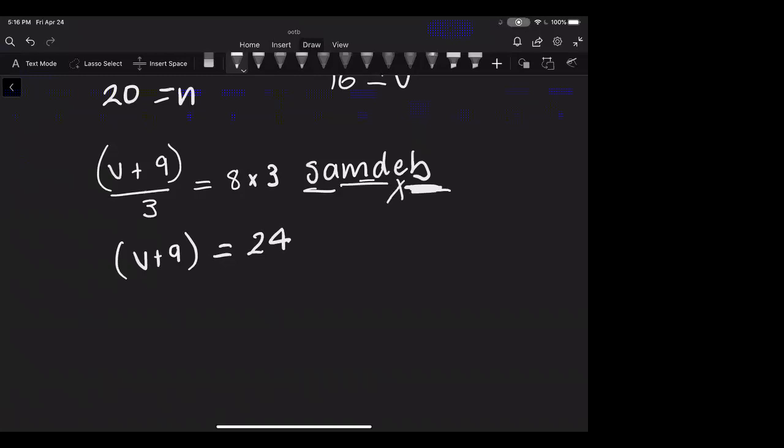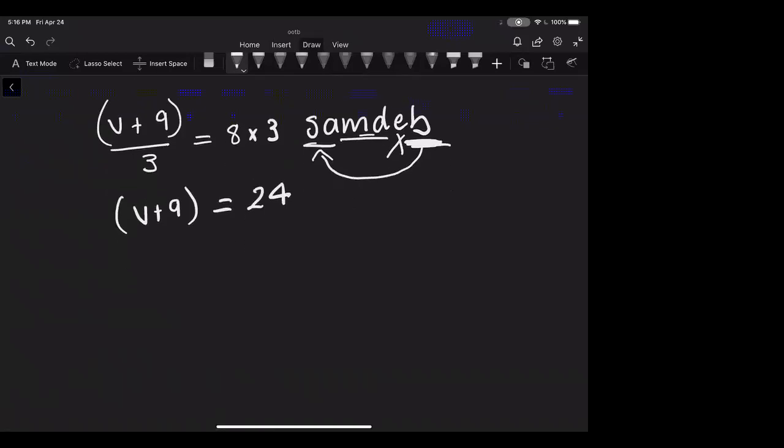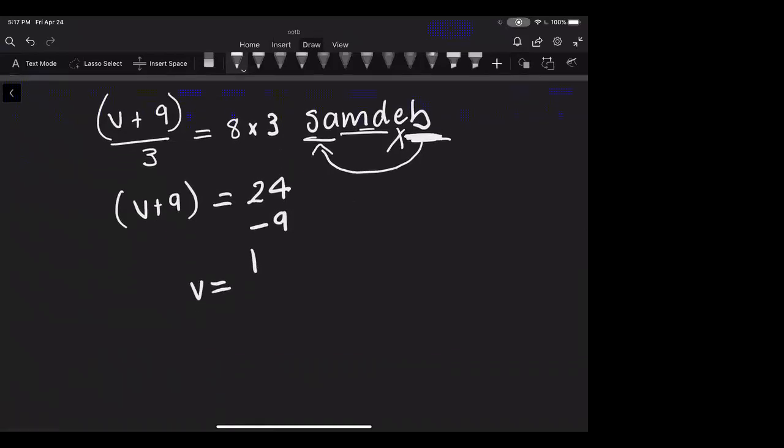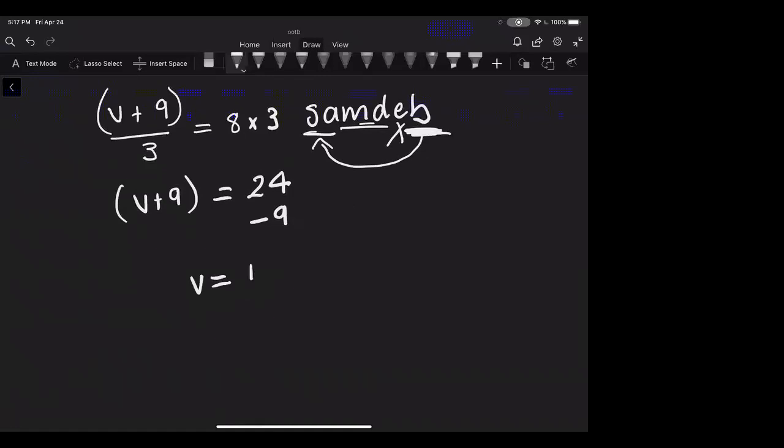And now we can look inside the brackets. When you go inside the brackets, you go back to the beginning. We have addition. What's the opposite of addition? Subtraction. So we're going to subtract 9 from this side, and you get 15. And then that's our final answer, and we box it. So that's how you would do it with brackets.